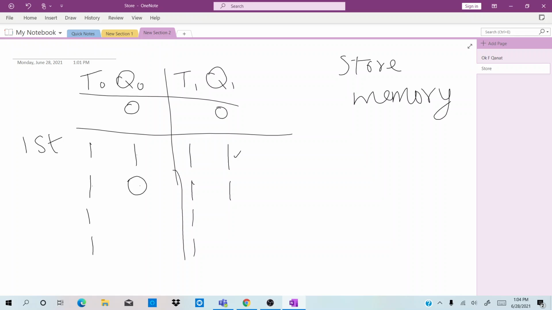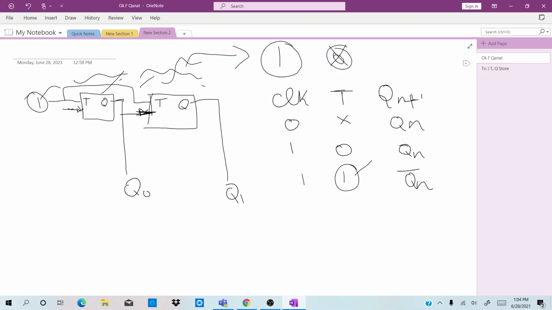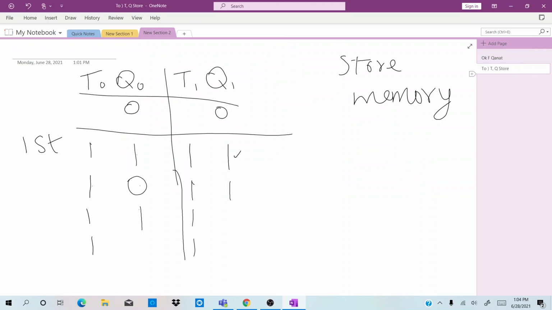Again if T0 is 1, from the truth table it's the complement of the present state, which is 0. So we complement this and it's 1, and the output is now 1. So this flip-flop will be functional. So we use T1. T1 is 1, and when T1 is 1 from the table, it's the complement of the present state 1, and we get 0.